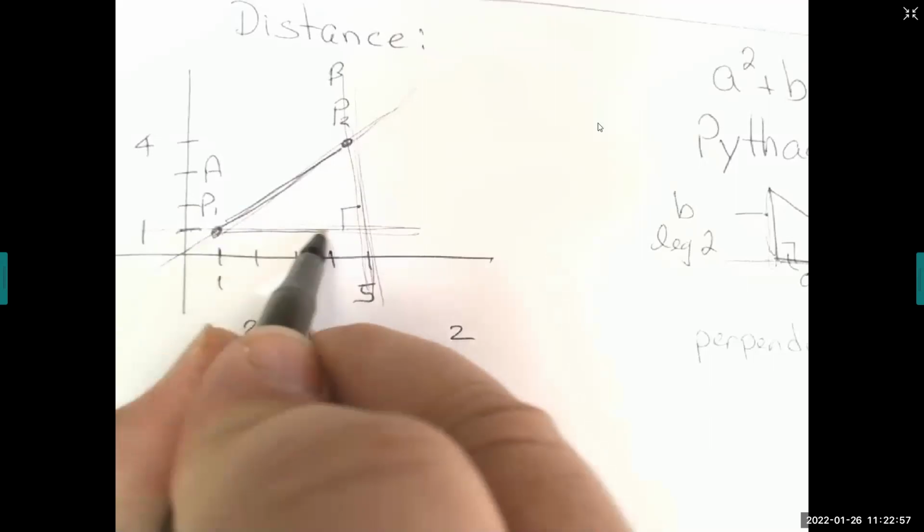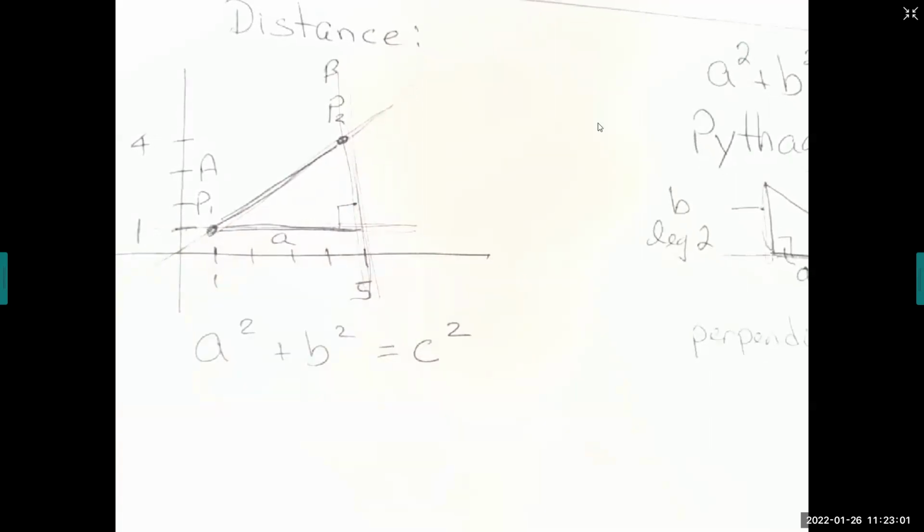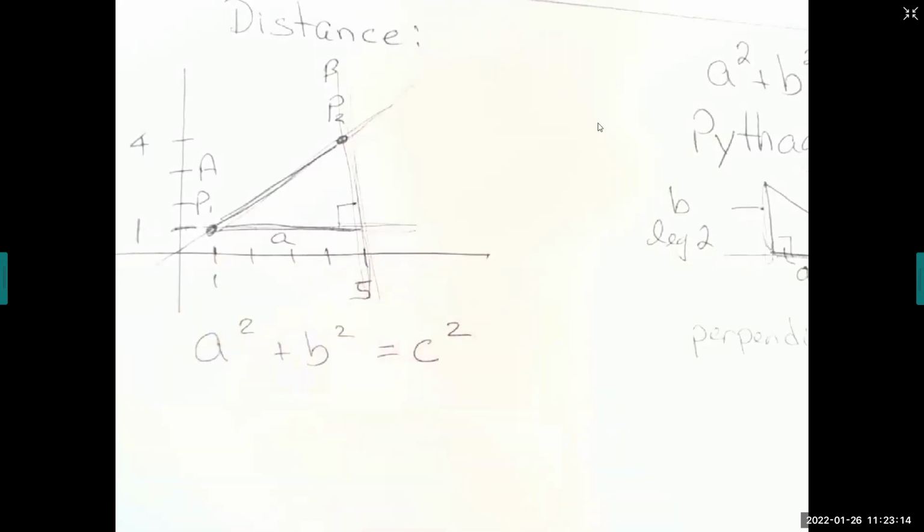This is our side A. How do we define the length of side A? How far is it from 1 to 5?